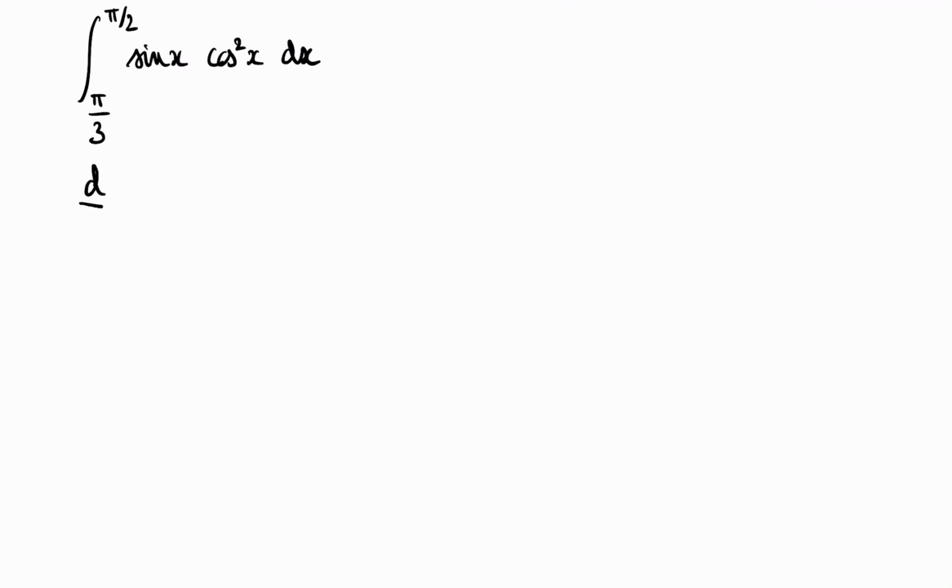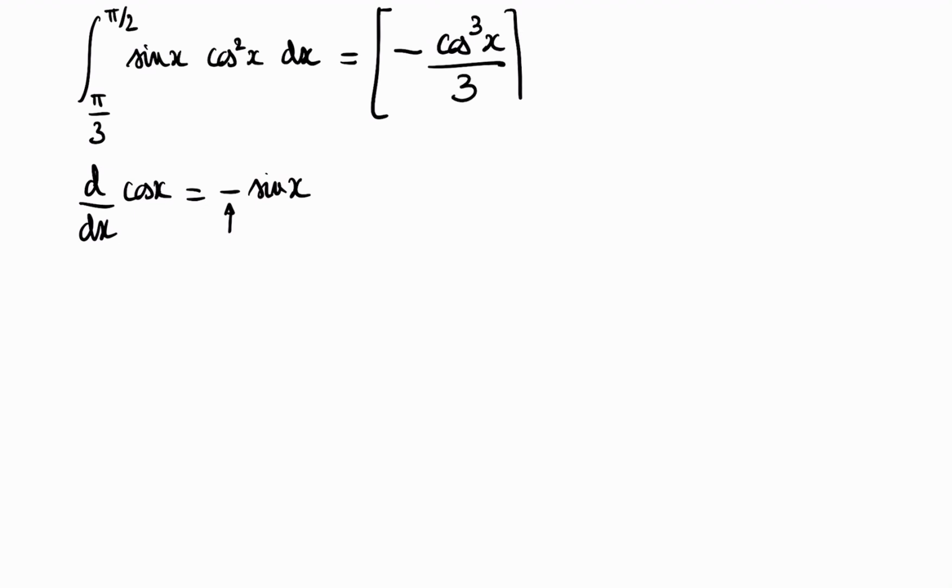We know that the derivative of cosine x is minus sine x, so there is a minus sign here and we just have to be careful. The primitive is going to be minus cosine cubed x over 3 between pi over 3 and pi over 2. Okay, so let's substitute.